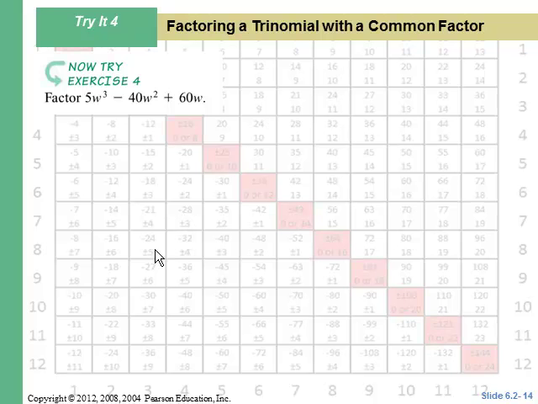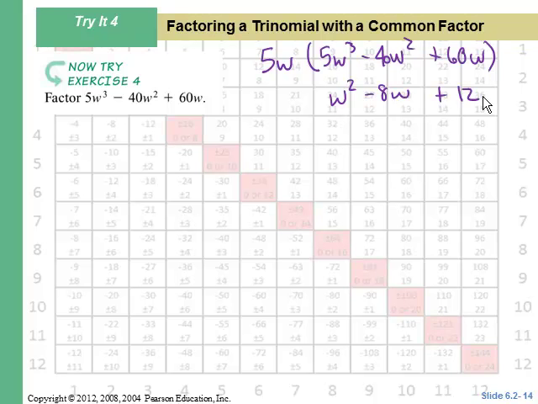Okay. Factor out a 5w first. Out of 5w cubed minus 40w squared plus 60w, and you get w squared minus, oops, that's supposed to be 40, 8w plus 12.